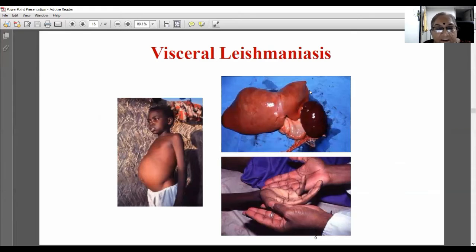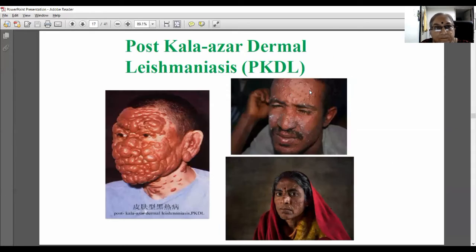Now, this is visceral leishmaniasis. You can see here how it has been. As I told you, on the trunk and skin, you can see all this. Post Kala-Azar dermal leishmaniasis, all these nodules on the face especially.